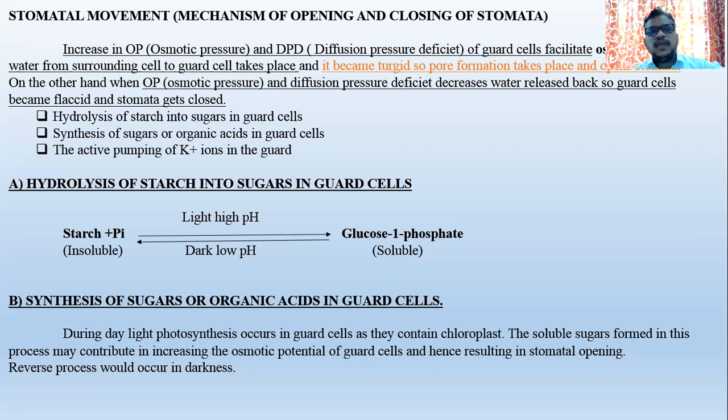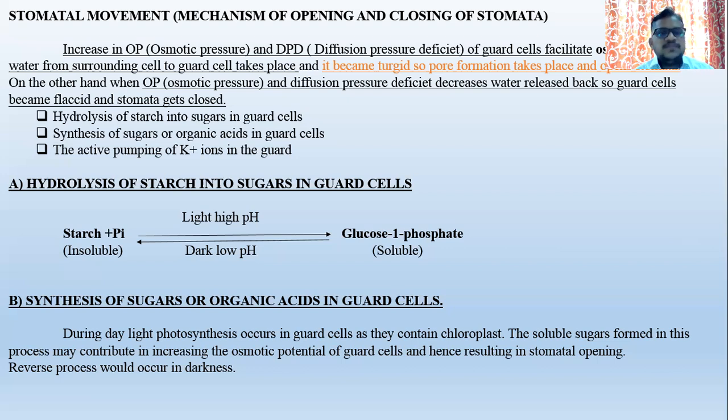While on the other hand, when the light is not there or when the dark period starts, the pH of the guard cell is lowered and the same process is reversed, in which glucose 1 phosphate is converted into starch and inorganic phosphate in the dark while the pH of the guard cell is low.